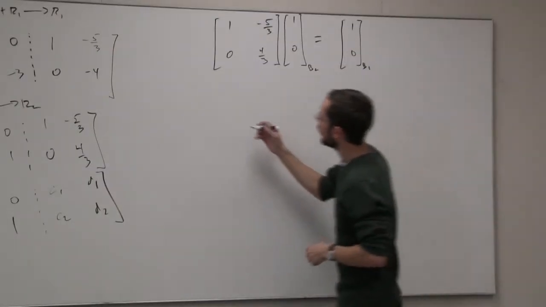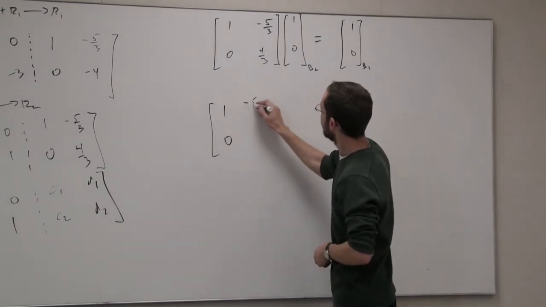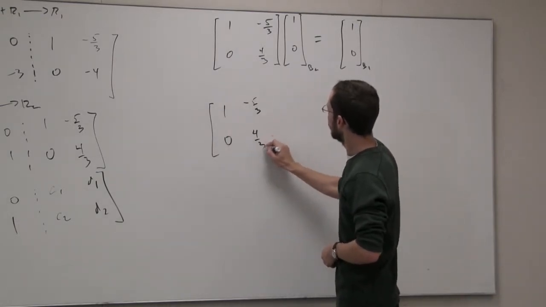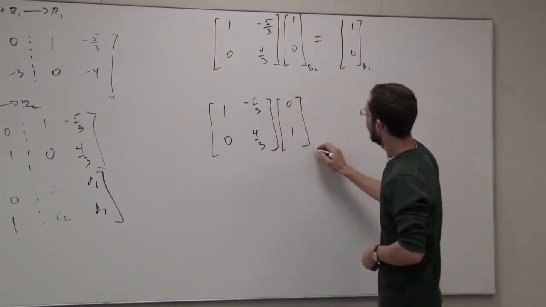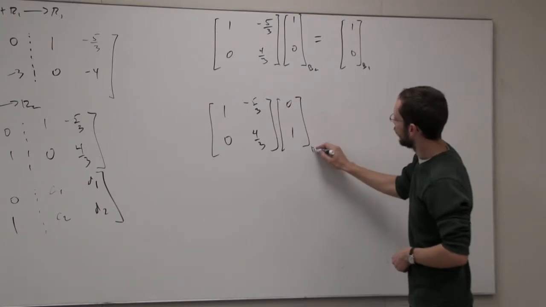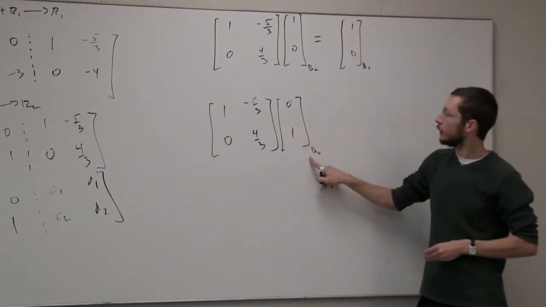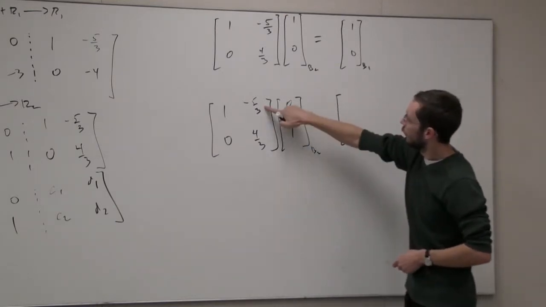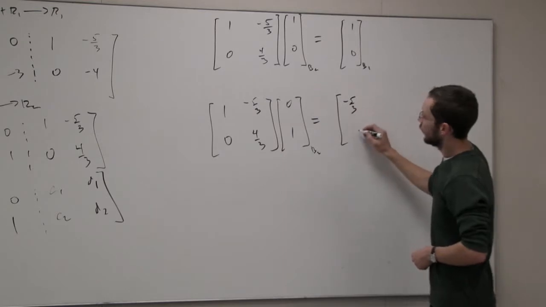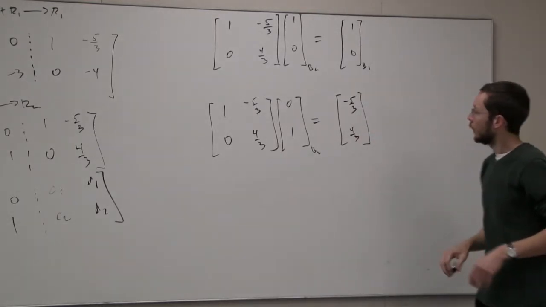Okay. Same thing here. Suppose that we input the second basis vector for the second basis. Multiplying this out, you'd end up getting negative 5/3, 4/3. Okay.